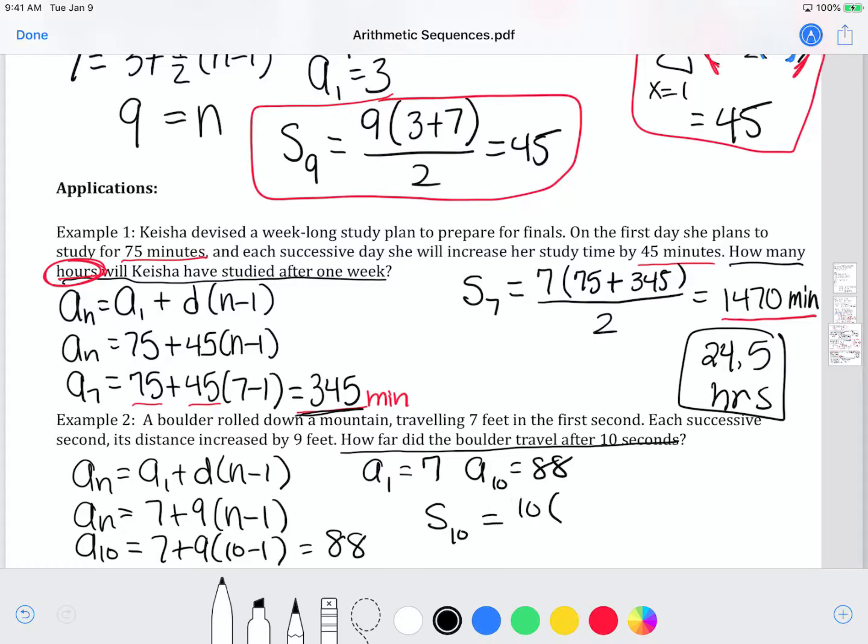So I'm going to have 10 times 7 plus 88 all over 2. So when I take 7 plus 88 and divide by 2 and then multiply by 10, I'm going to get 475. And this is in feet. This is how far it's traveled in feet.